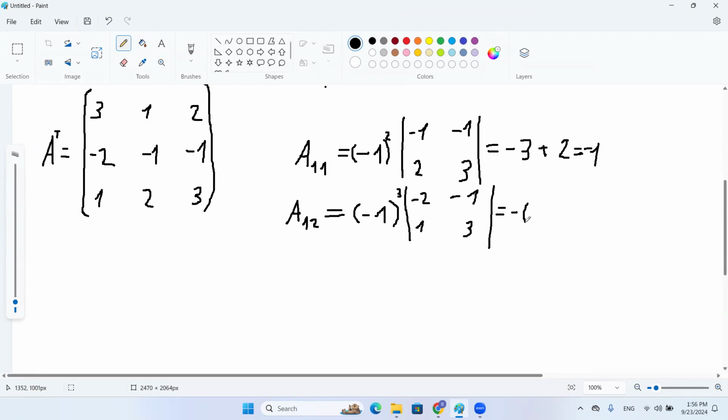So we have -6 plus 1, and this is -5. Just 5 plus 5. So be attentive.